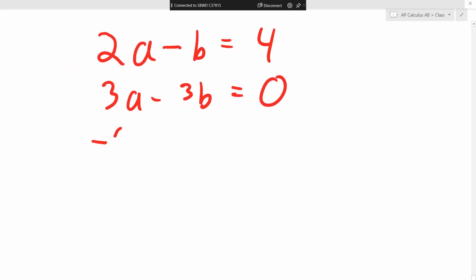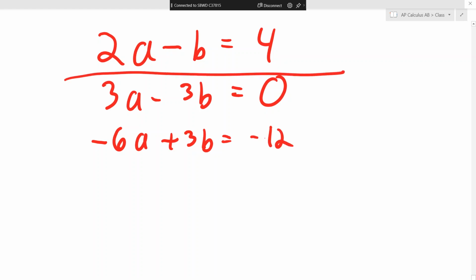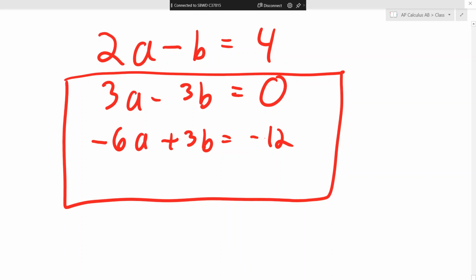If you do that, you're going to get negative 6a plus 3b equals negative 12. Everybody see where that came from? If you add them up, you will just get negative 3a equals negative 12, which means a had better be 4.